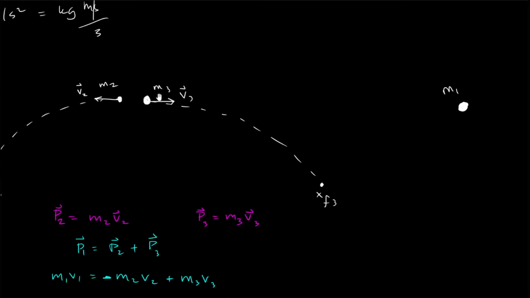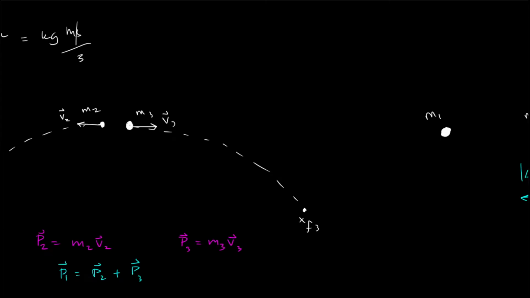Let's say we know m3 weighs 3 times as much as m2. So m3 equals 3 m2. And we also know m2 plus m3 equals m1 since they came from the same piece. That can tell us that m1 was split into 4 parts. So m3 equals 3/4 m1, and m2 equals 1/4 m1.